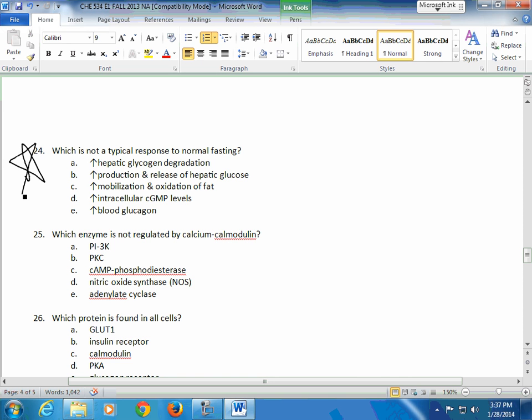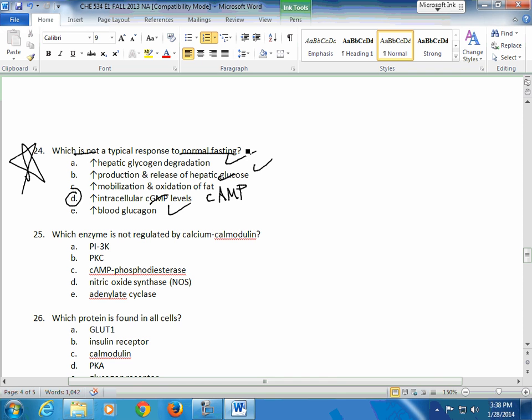This is a classical Bracho question, which is or is not a typical response to normal fasting or exercise or normal eating. In this case, normal fasting, you're not going to get an increase in cyclic GMP, you're going to get an increase in cyclic AMP. Everything else works.